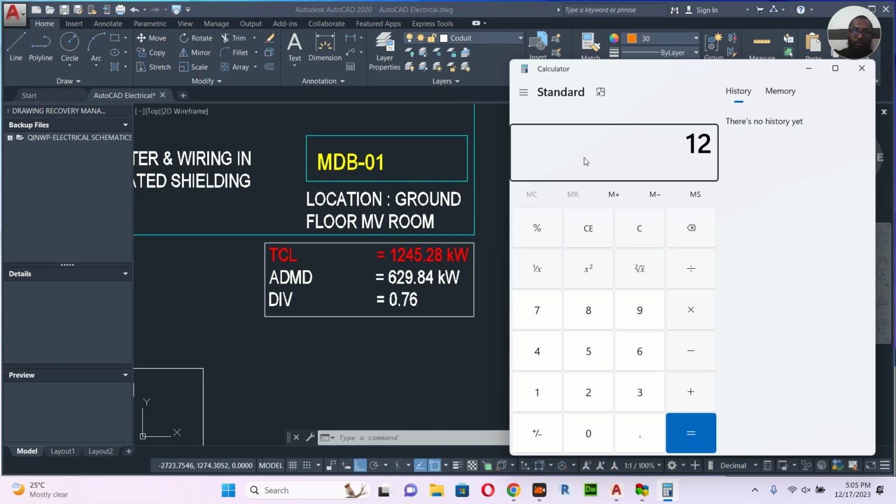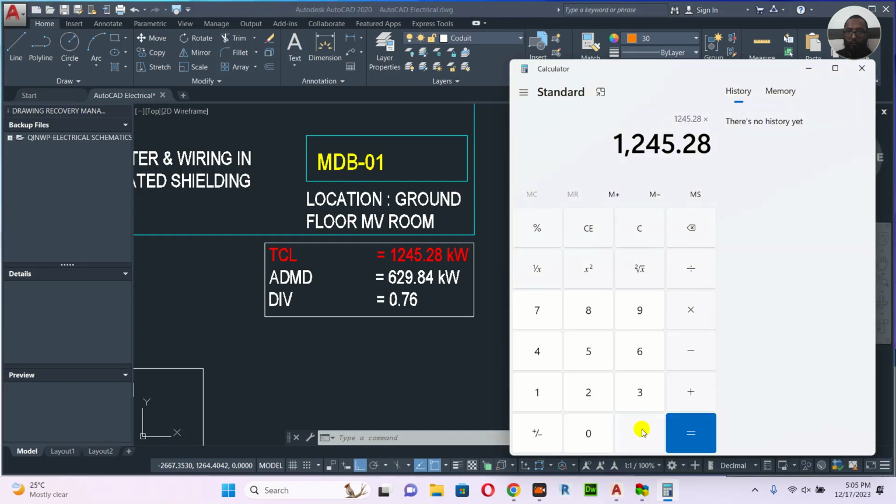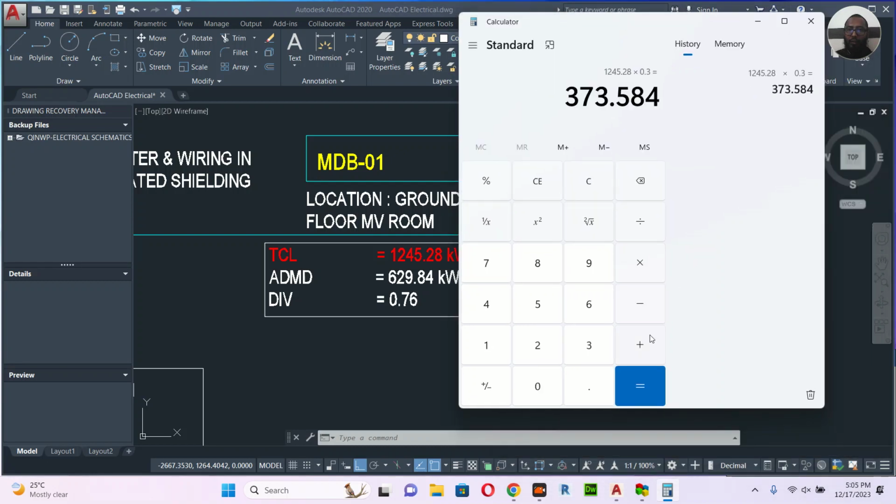So 1245.28 multiplied by 0.3. So 373 something plus 1245.28. So 1618 kilowatts. So 1620 we will consider like this.